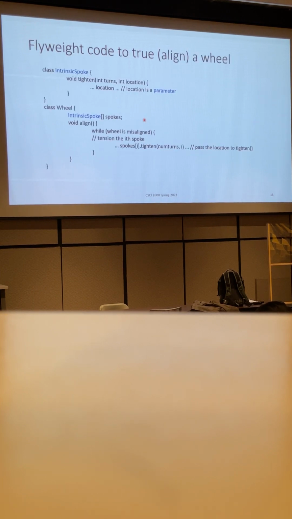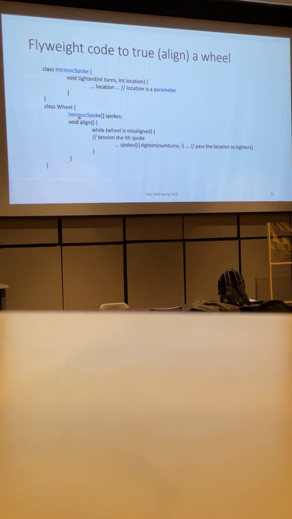All right, so with our intrinsic spoke, you see that we are going to change the type of spokes to intrinsic spoke, right? Because the location is a parameter here, okay? So it is an external parameter that is supplied from the caller of tighten, from the wheel, for example.